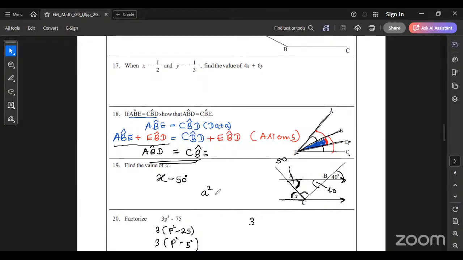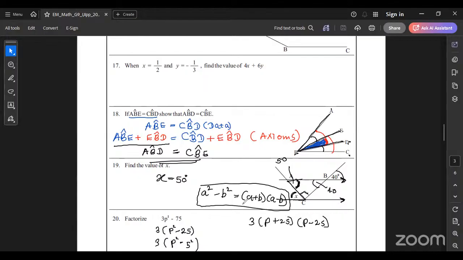If a squared minus b squared, it equals (a plus b) as one bracket and (a minus b) as another. That's the theory you must learn in grade 9 second term under factorization. You can apply it to p squared minus 5 squared, so you can write (p plus 5) and (p minus 5).